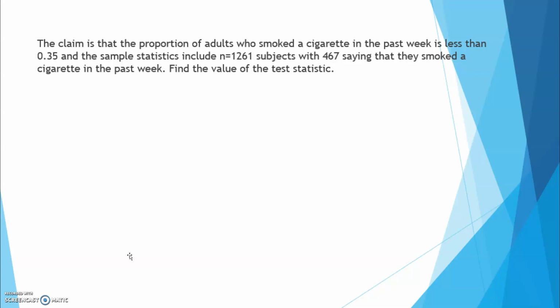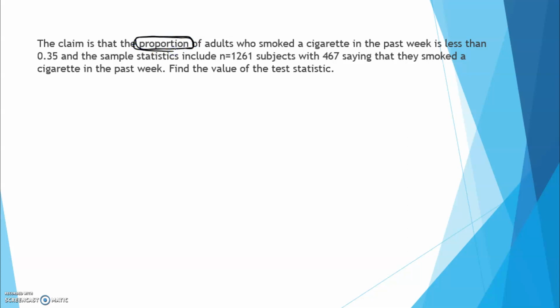Okay? The claim is that the proportion of adults who smoked a cigarette in the past week is less than 0.35, and the sample statistics include N is 1,261 subjects, with 467 saying that they smoked a cigarette in the past week. Find the value of the test statistic. Okay, so we are still looking for proportion.